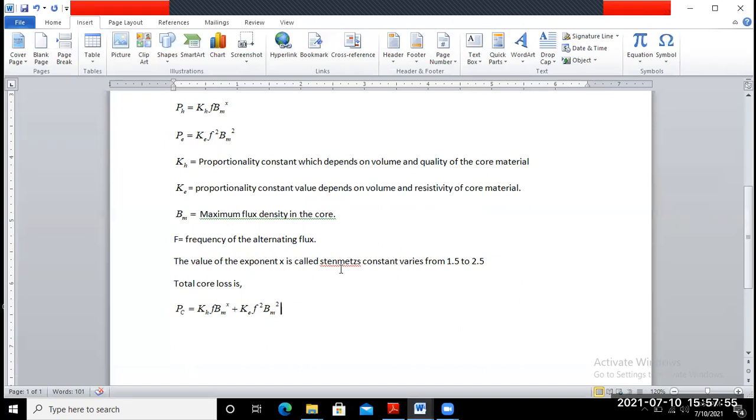Okay, it is required to express the core loss in terms of voltage and frequency. Then we just write here the voltage equation, that is, induced EMF is equal to supply voltage.